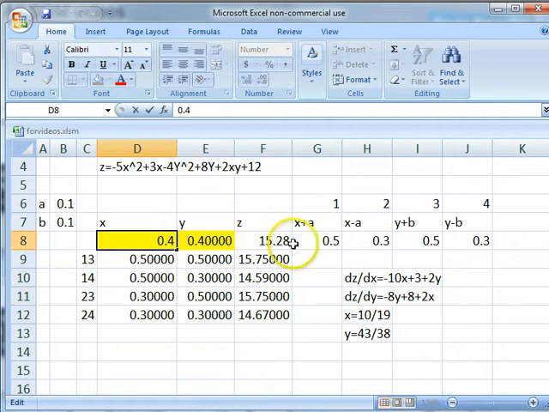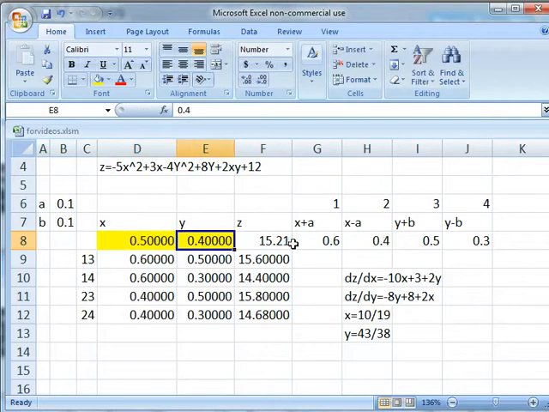So I'm just gonna go in the same direction, and we're still improving. 0.5 and 0.5, and from that point now it becomes evident that I'm better off going in this direction.